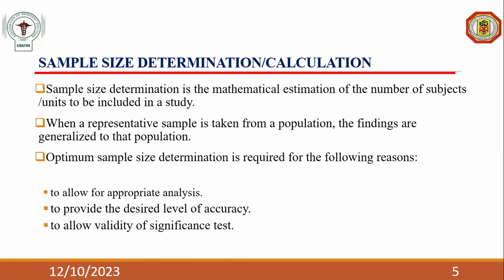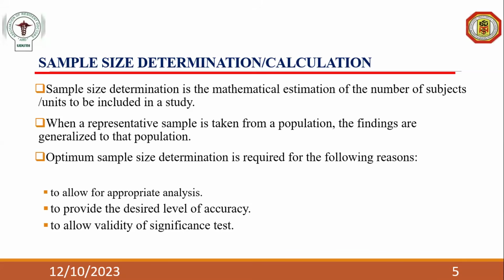So we can say that study does not have what? External validity. You cannot generalize the findings of that study to the general population, because your sample is not a representative of that population.